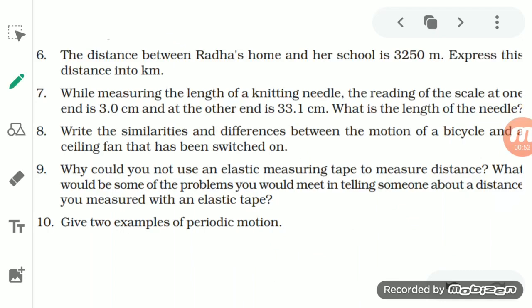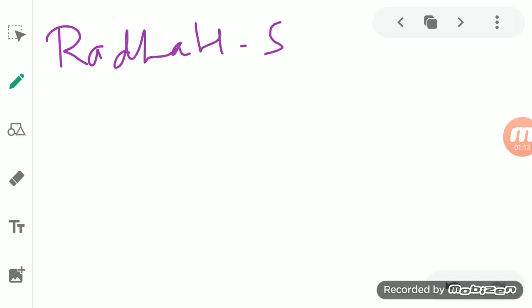Now the next question is that the distance between Radha's home and her school is 3250 meter, that is 3250 meter. Express this distance in kilometer. So now see here, what is the distance between Radha's home and the school? Radha's home to school. What is the distance?